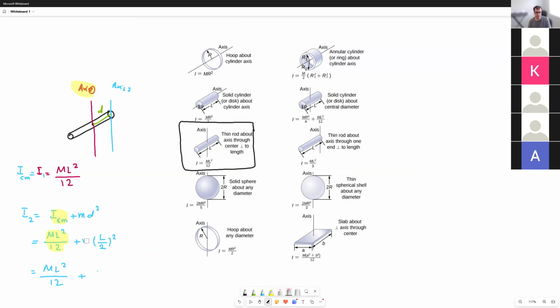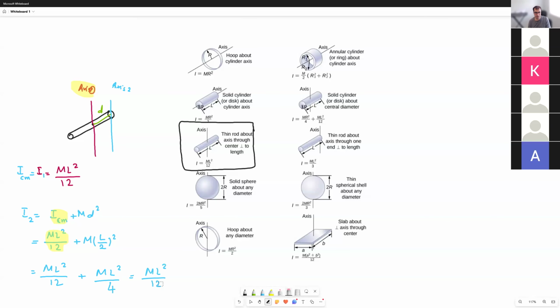I should have used big M. If I use big M, you should keep one notation. If you use a small m, use a small m all over. If you use big M, use it all over. And L squared divided by 4, right? And if you add these two, the mL squared is going to be exactly the same in all, right? That's going to give you mL squared divided by 12.